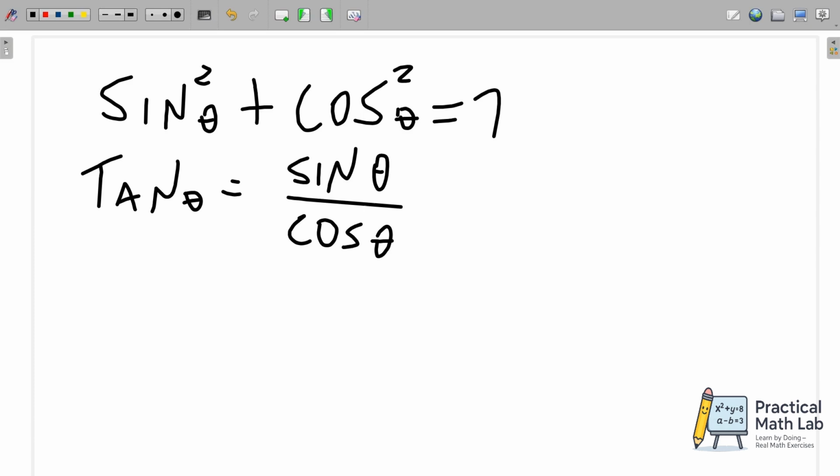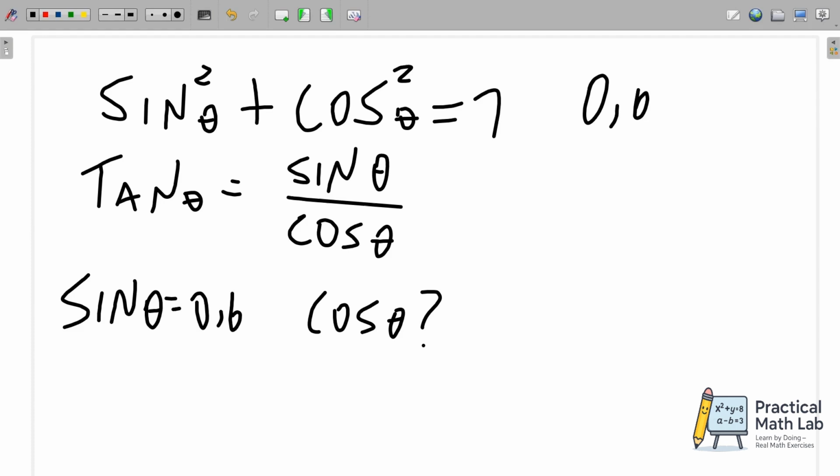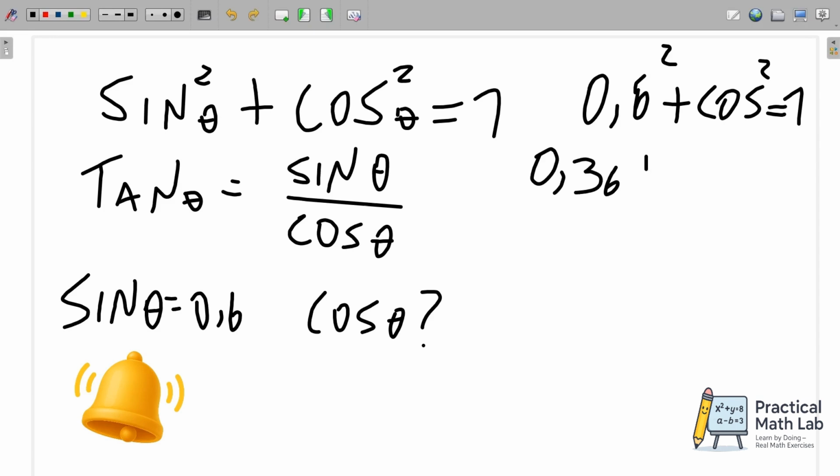Let's do an exercise. If the sine of an angle is equal to 0.6, what is the cosine? Applying the formula here, it becomes 0.6 squared plus cosine squared equals 1. 0.6 squared is equal to 0.36 plus cosine squared, which equals 1.